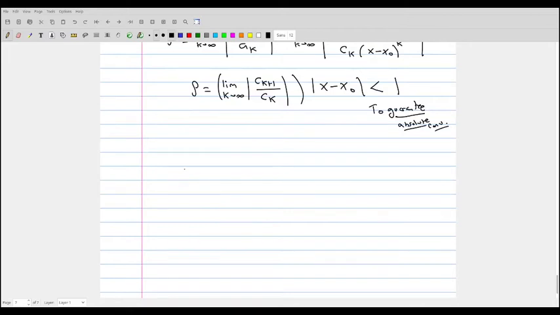So if we rewrite this a little bit, that tells you that the absolute value of x minus x naught has to be strictly less than 1 over the limit as k goes to infinity of the absolute value of c k plus 1 over c k, which is the same thing as the limit as k goes to infinity of the absolute value of c k over c k plus 1.